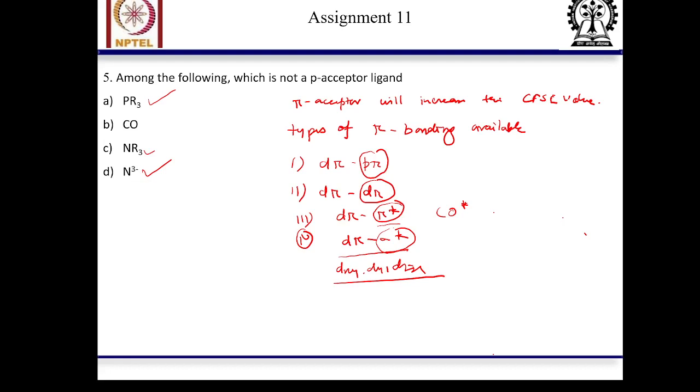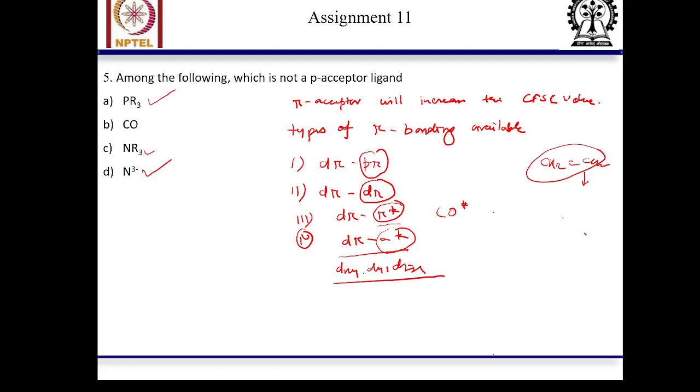It can be d pi p pi, d pi d pi, d pi pi star, and d pi sigma star. d pi p pi you can see as an example, like ethylene, where the antibonding orbital forms a pi accepting d pi p pi interaction.